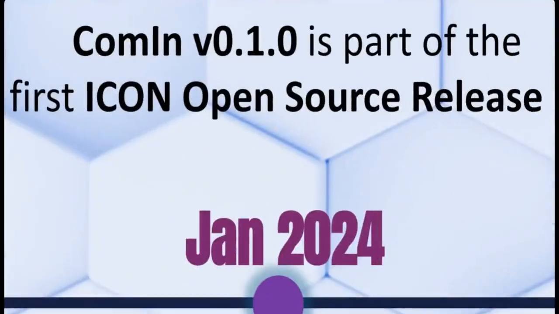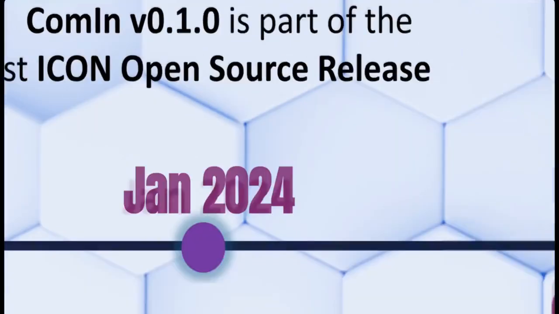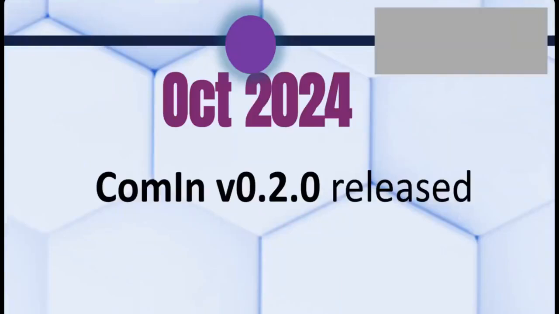In January 2024, the first version of ComIn was released, also as part of the first ICON open source release. There was a second version release in October 2024. As the naming may suggest, you may think it's a minor release, but it was actually a major release. Many new features were there.